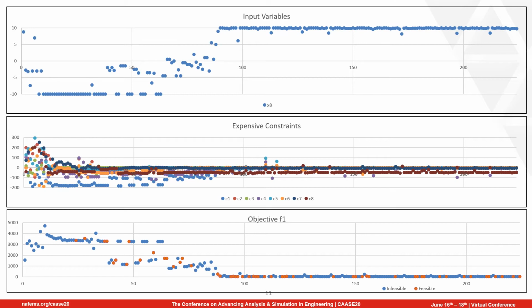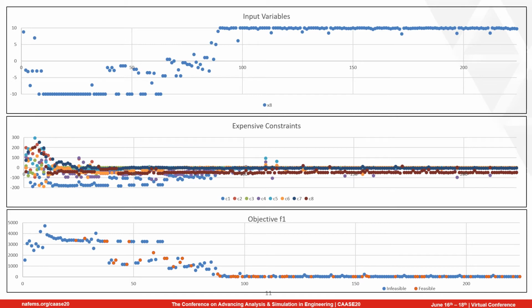And as the function evaluations are progressing, Oasis sets a value for x8, and keep in mind this changing of input variables are happening for all input variables.